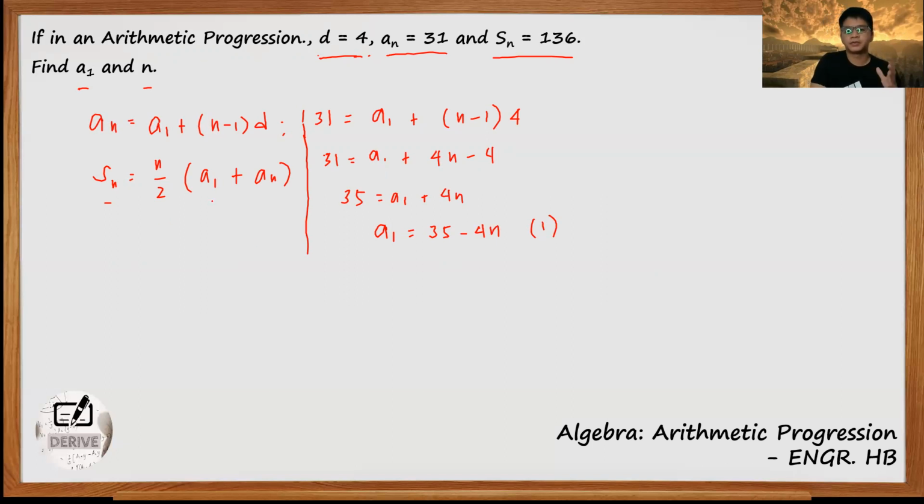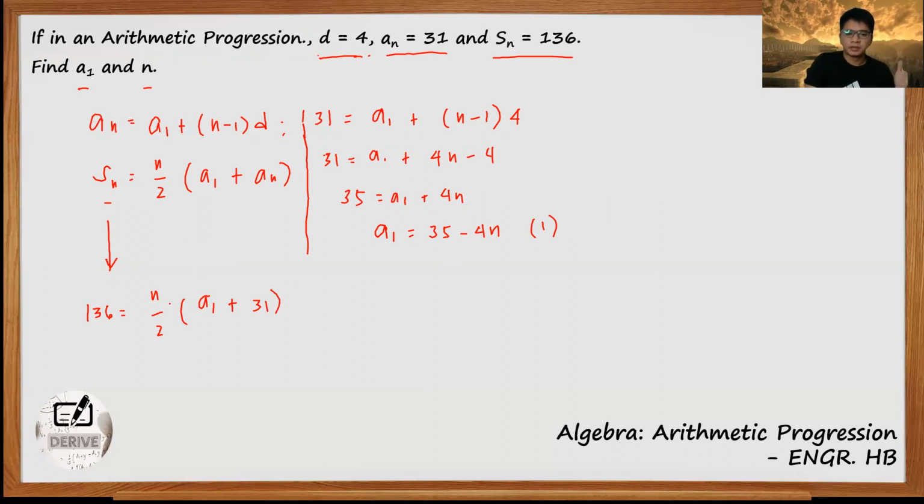Okay, so for our second equation, we can use this Sn. Okay, so our Sn will become 136 is equal to n divided by 2 times a1, of course unknown ulit, plus a sub n, which is 31.